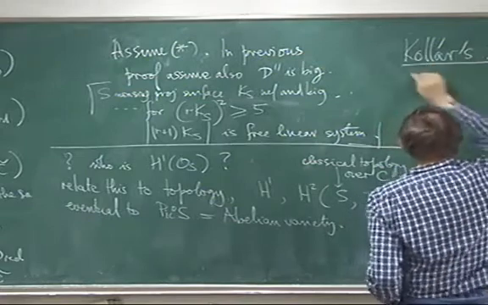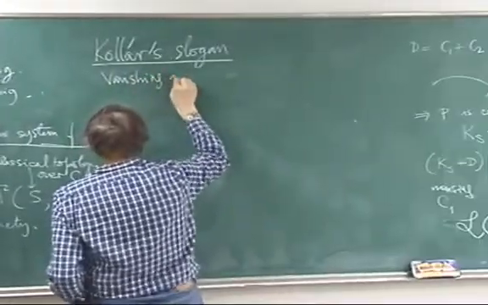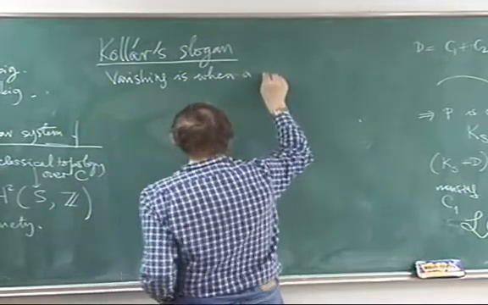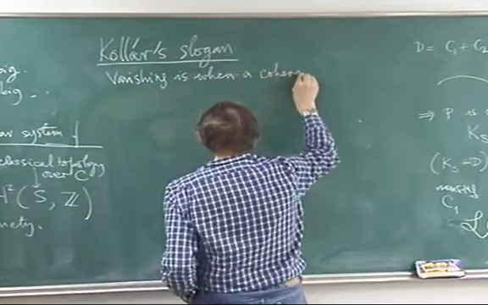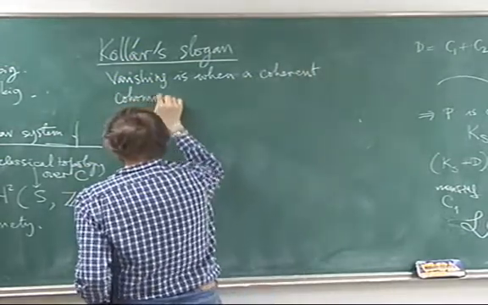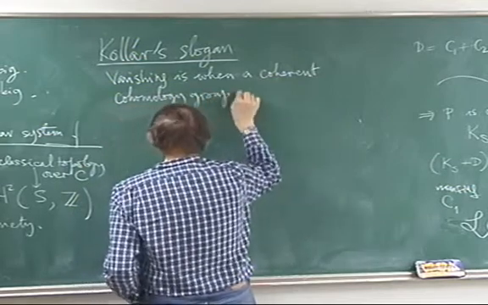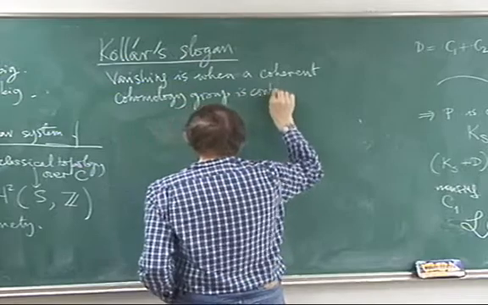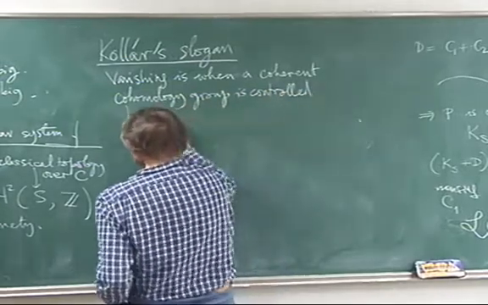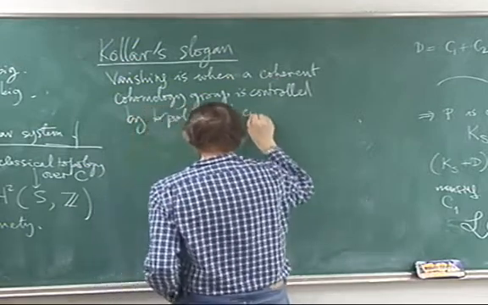Vanishing is when a coherent cohomology group is controlled by a topological cohomology group.